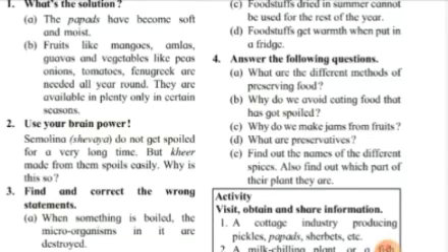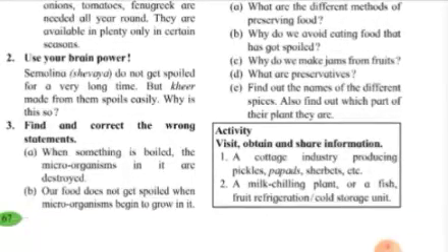Okay, then next question, why do we make jams from fruits? So you know that fruits are not available throughout the year, and they cannot stay fresh for a longer period of time. So what you have to write? Fruits cannot stay fresh for a longer period of time. This is one point. Second point, in order to preserve them, various food preservatives like sugar are added to it.